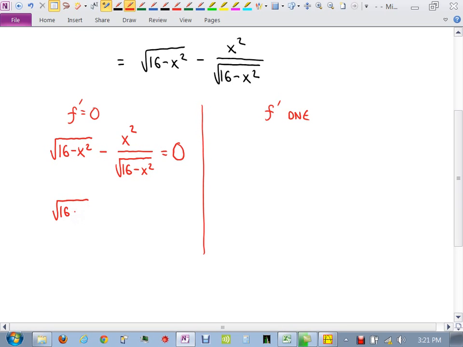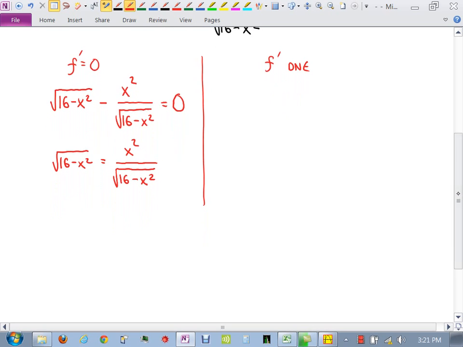Just move it over. Becomes a positive x squared. So there's no cookie cutter way to do these problems. Anything that you do, as long as the rules of algebra are maintained, it's okay. So that was a legal move.